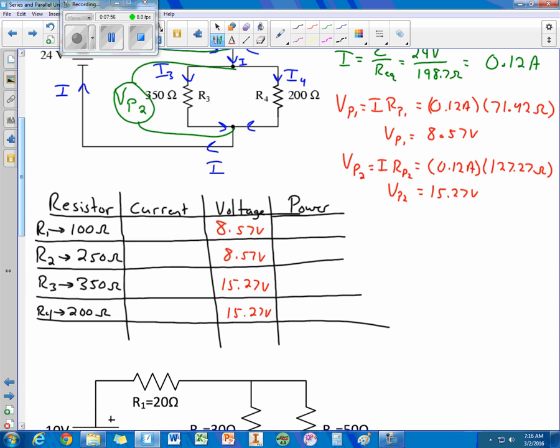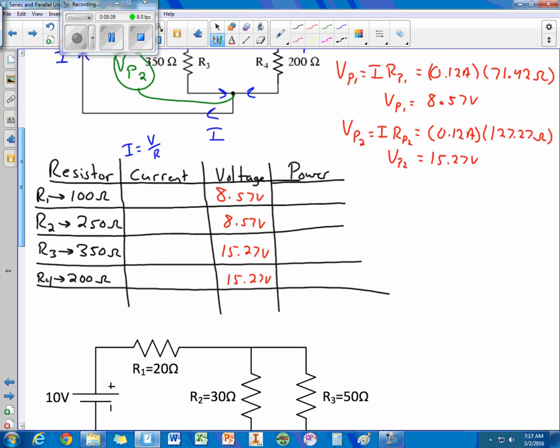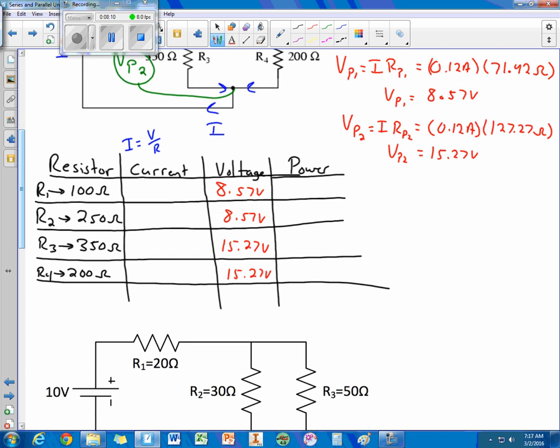Now for the current. Well, current is just voltage divided by resistance. So what I can do is take my voltage divided by my resistors to calculate those individual currents.